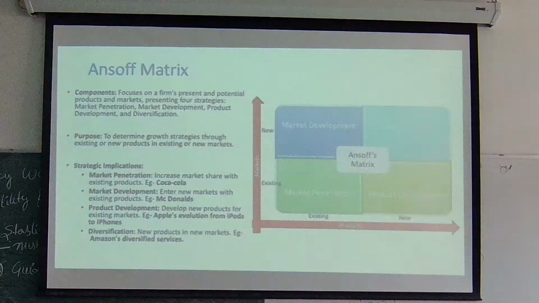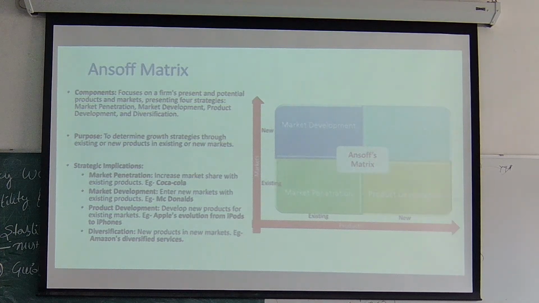Then the next is the Ansoff matrix. The Ansoff matrix talks about markets and products, right? What it does is help understand what kind of growth strategies are required. For example, if there is a new market but an existing product, here we can increase market share by getting into new markets.